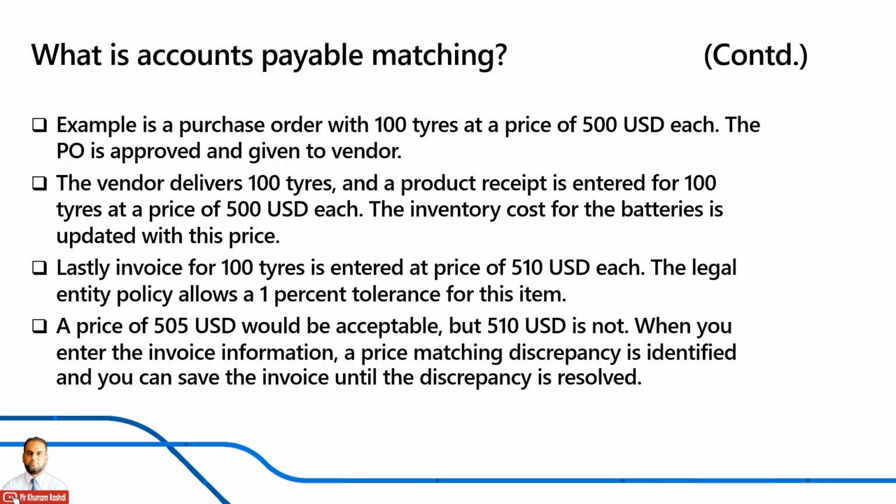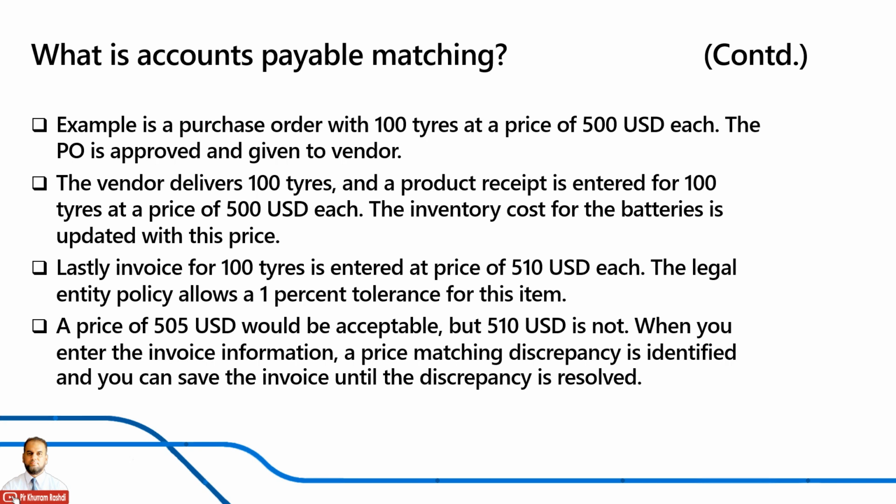So the inventory cost for the tire is updated with this price. And lastly, when the invoice is received for 100 tires, it is entered at a price of 510 USD each. So the vendor is providing a vendor invoice of 510 USD.